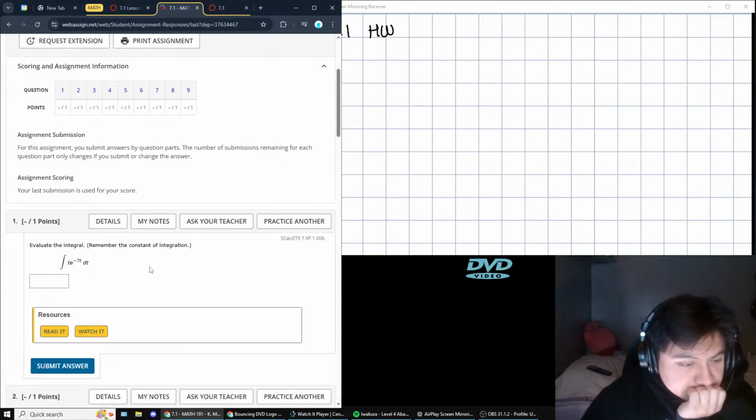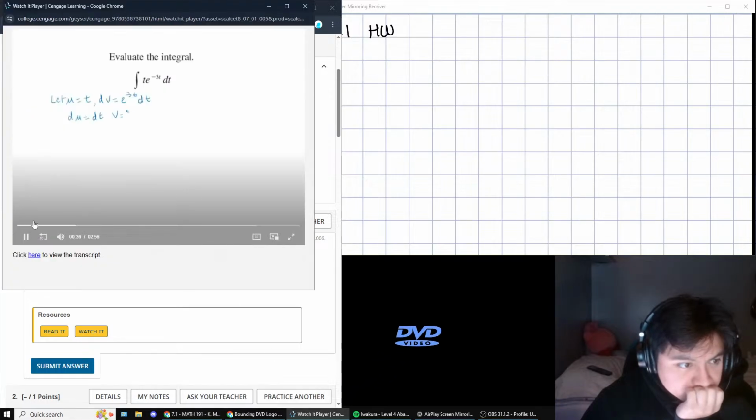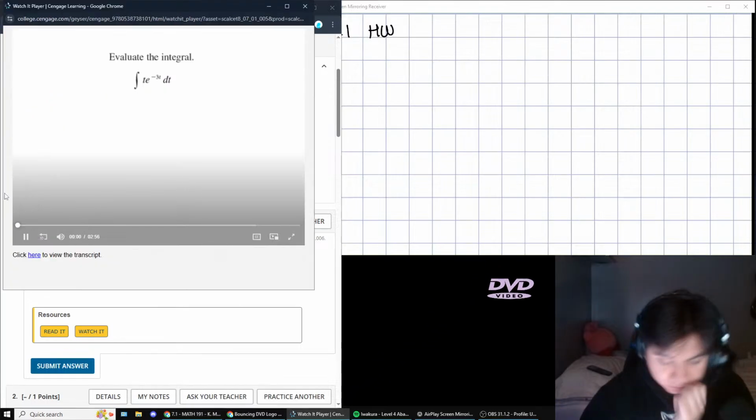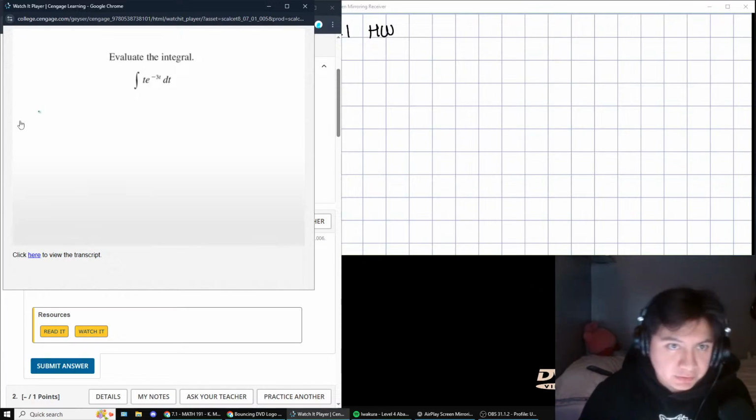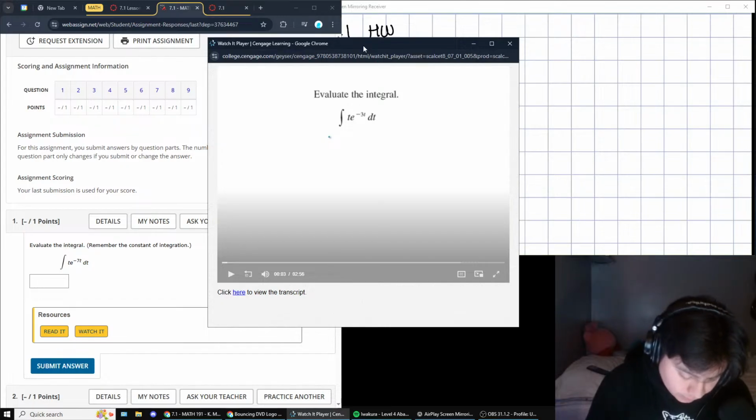Okay, so in this specific case, negative 1/3. Evaluate the integral. And here we have the double check.